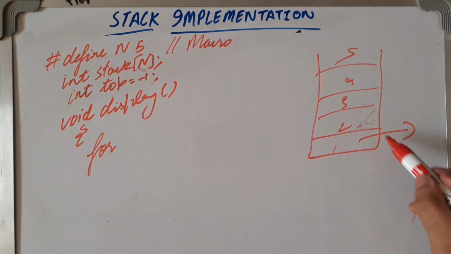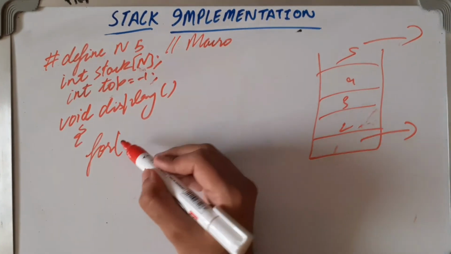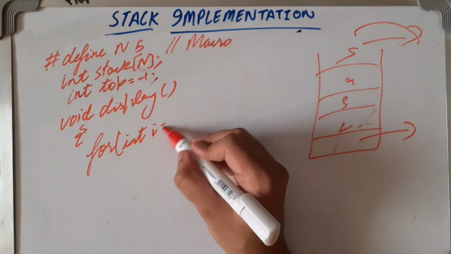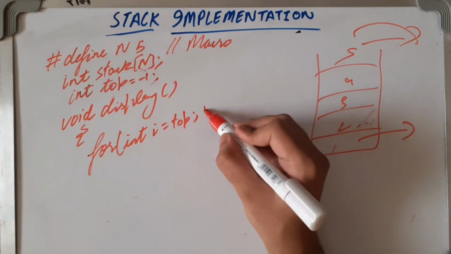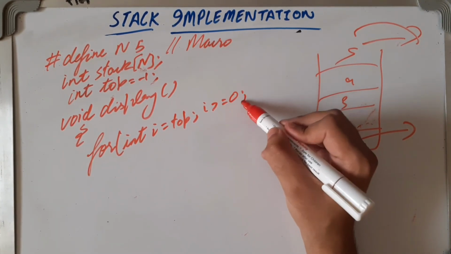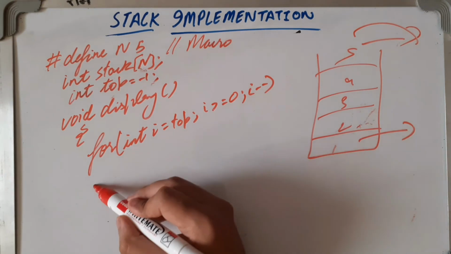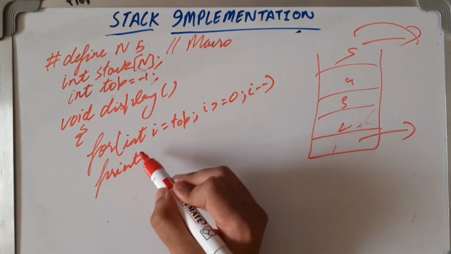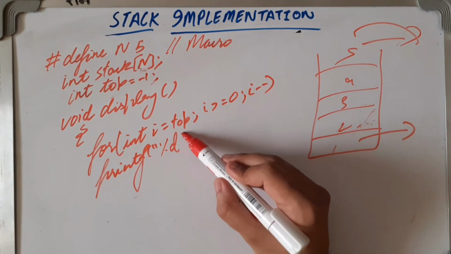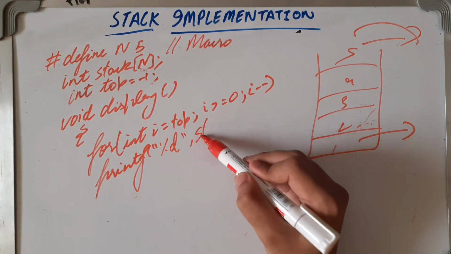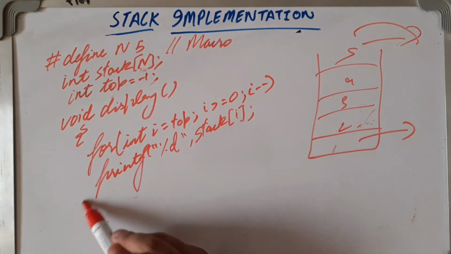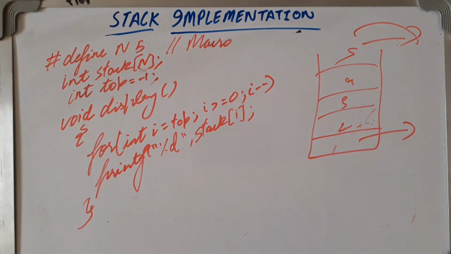You can display from here or from here. Suppose I display from the topmost element first, so for i equals top, i greater than or equal to 0, i minus minus, then printf %d stack of i. Okay guys, this is the program for displaying the stack.